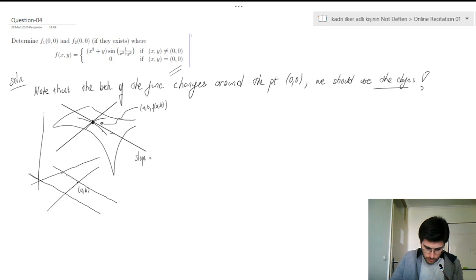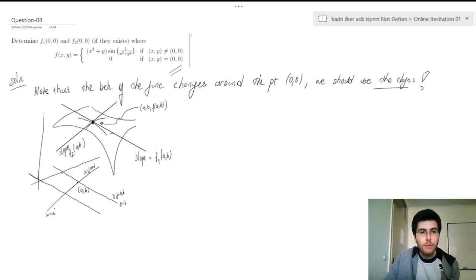If you want to understand the slope of this line, the slope is just f1(a, b), and the slope of that one is f2(a, b). We will see soon, y fixed, if you like. This is x fixed. This is exactly y equals b. This is exactly the line x equals a.